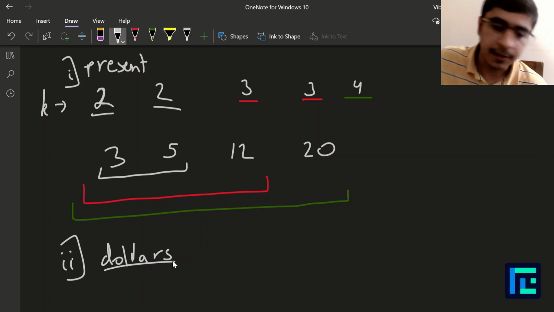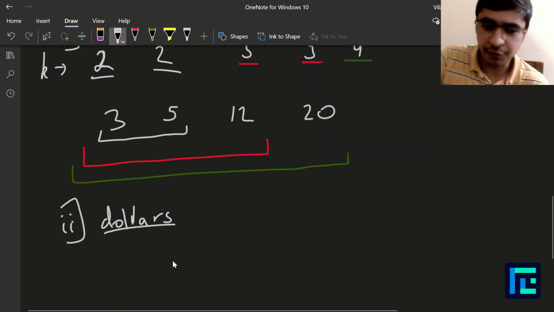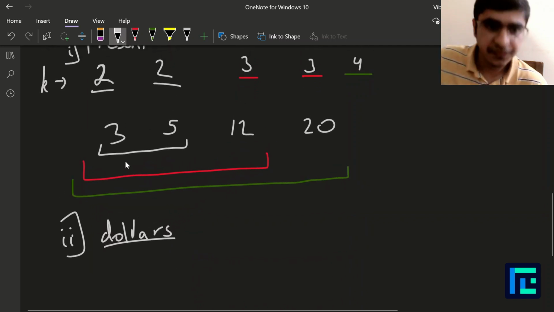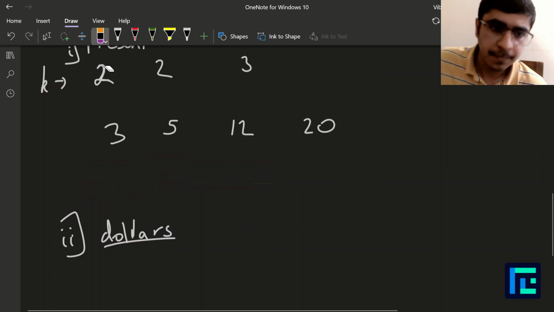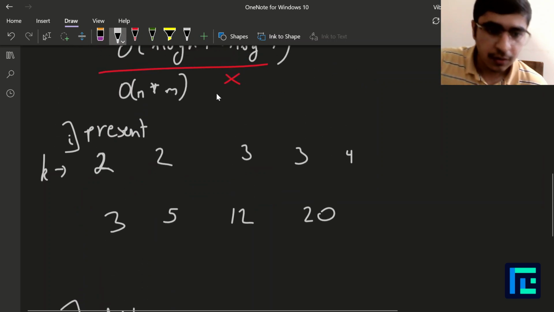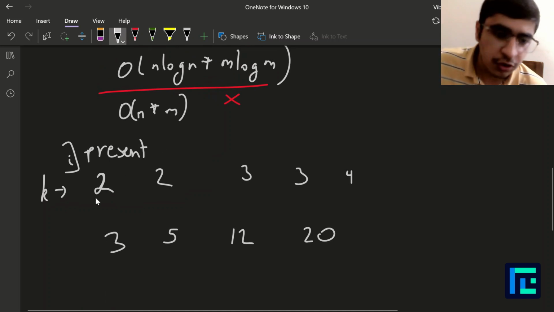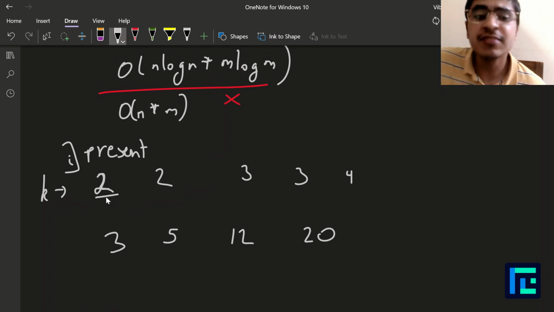to the person, right? Now, how many dollars do we have to give to each person? See, for the dollars part, for the first person, I can give them c ki dollars.